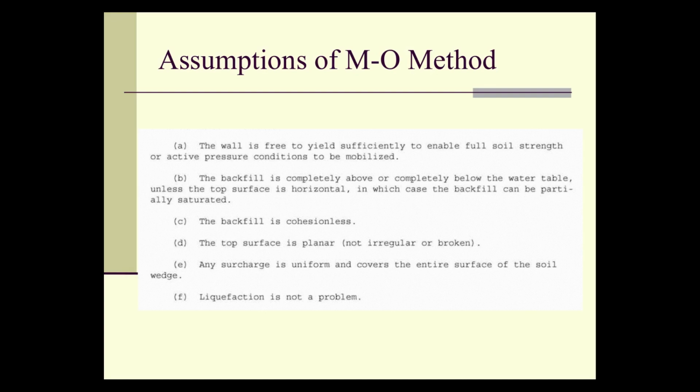And the backfill is completely above or completely below the water table. Backfill is cohesionless. This is not for cohesive backfill. The top surface is planar. It doesn't necessarily have to be horizontal, but it has to be planar. Any surcharge is uniform and covers the entire surface of the soil, waves, and liquefaction is not a problem. So those are the assumptions behind this method.